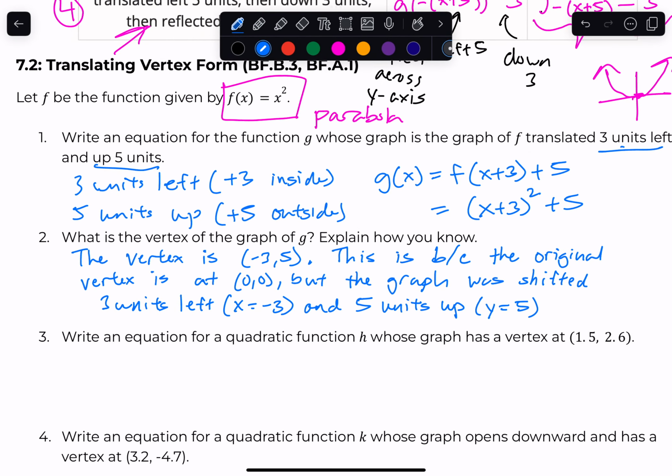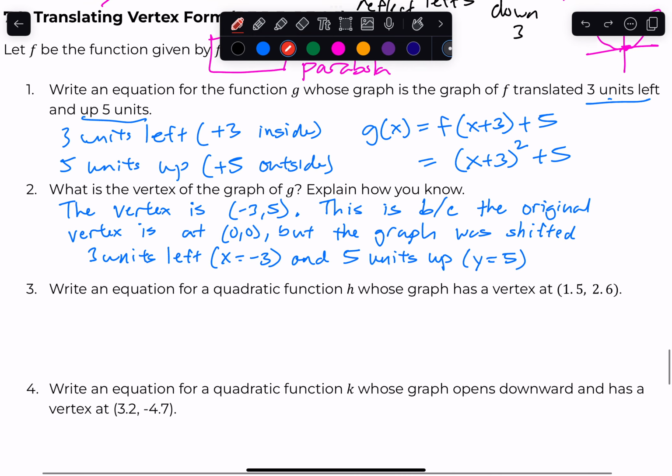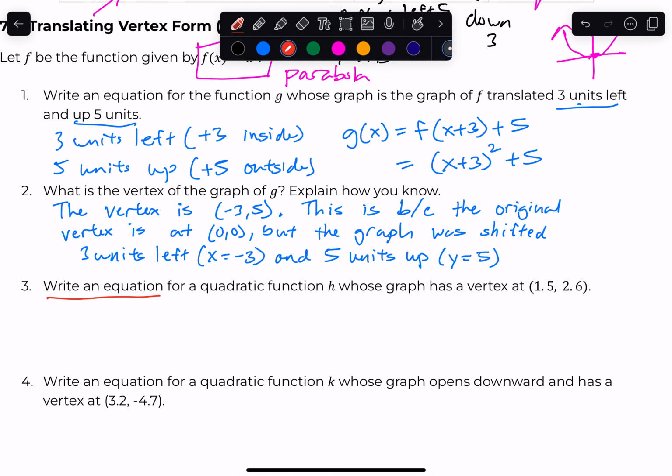So it said here, write an equation. Let me go switch colors. Now it says for number 3, write an equation for a function h of x that has a vertex here. This is the x and this is the y. Now that we know the vertex, we can write the equation.